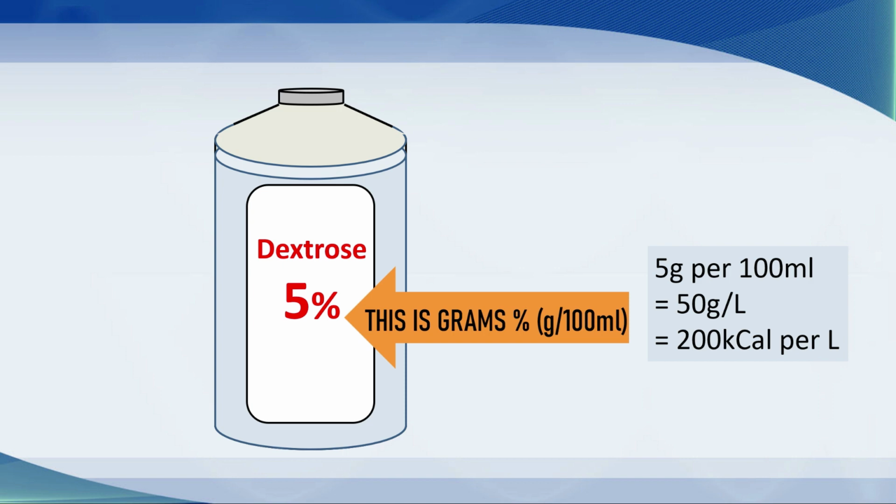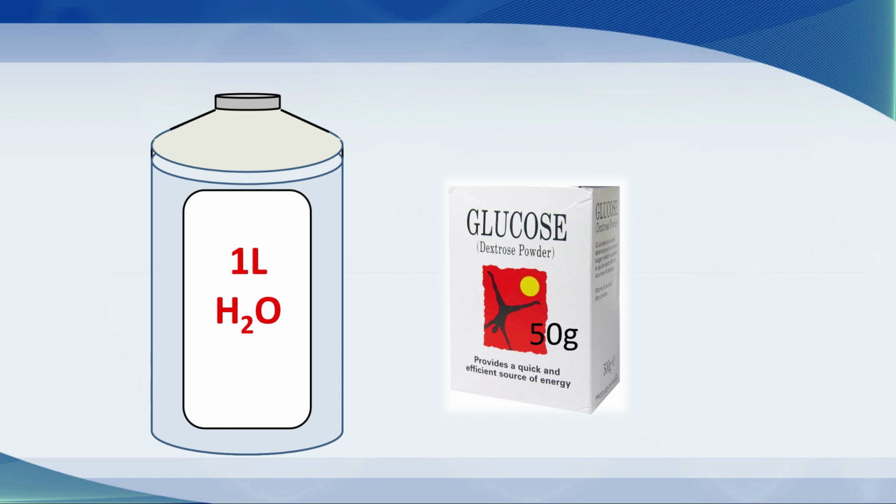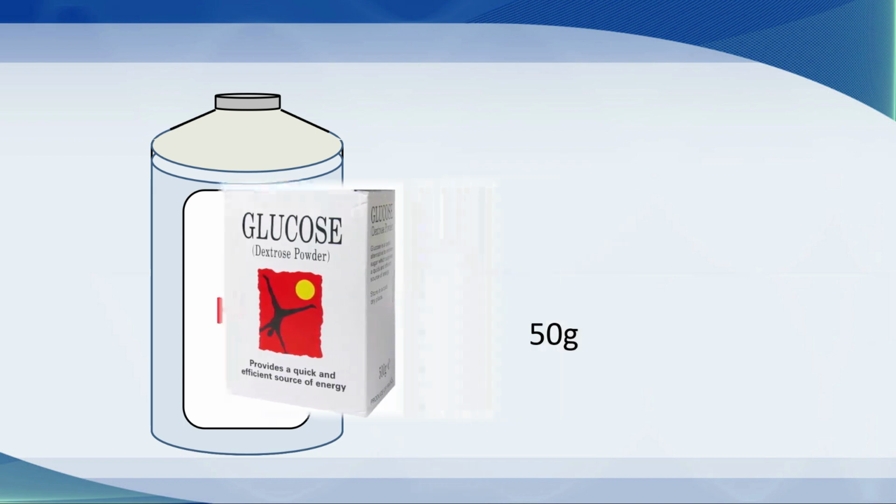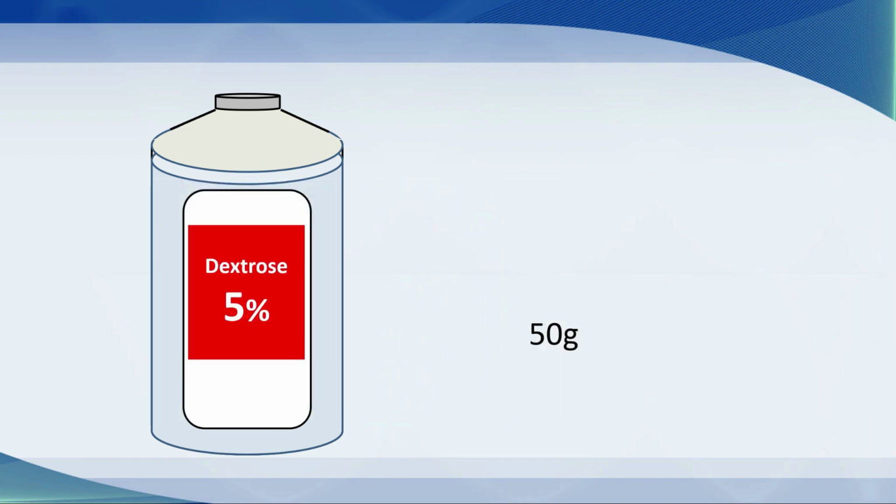And because each gram of glucose or D-glucose dextrose contains 4 kilocalories, that works out at 200 kilocalories per litre. If you wanted to make dextrose, you'd take a litre of sterile water and then pour in 50 grams of dextrose powder, mix it all up, and there you have it, 5% dextrose.